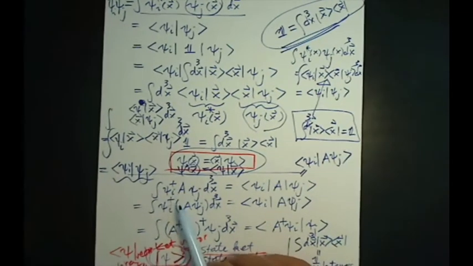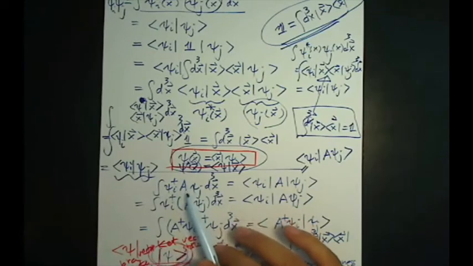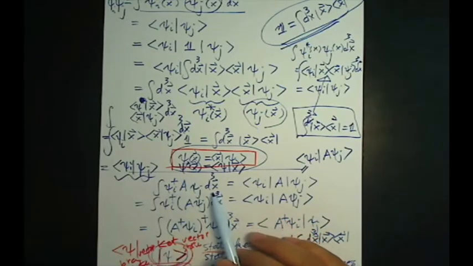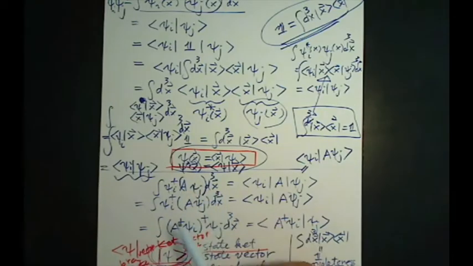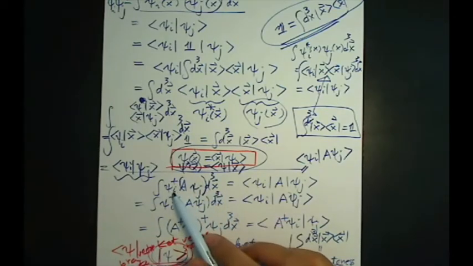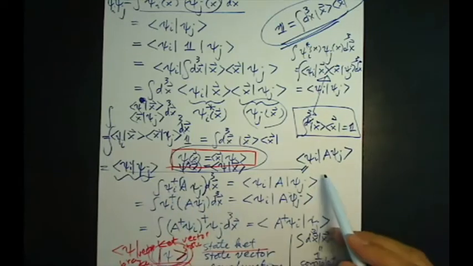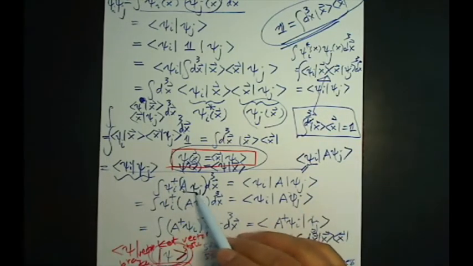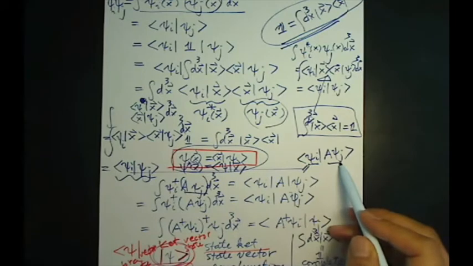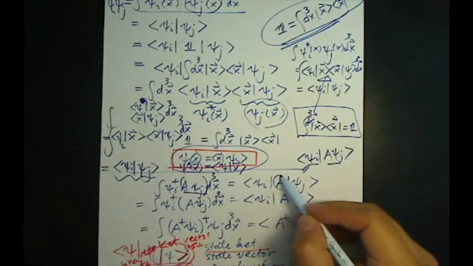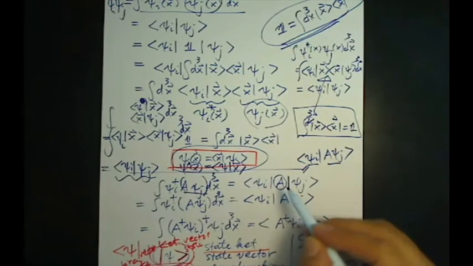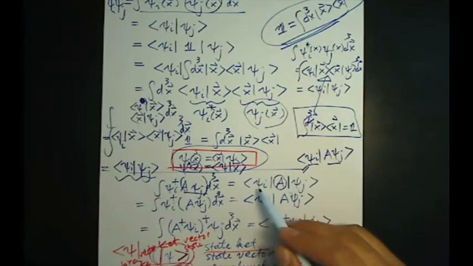In a similar manner, we can compute the value of A sandwiched by the two states i and j. This can be understood as the scalar product between psi i and A psi j. And this can also be written in the form where the operator A appears in the middle and psi i and psi j on the left and right.